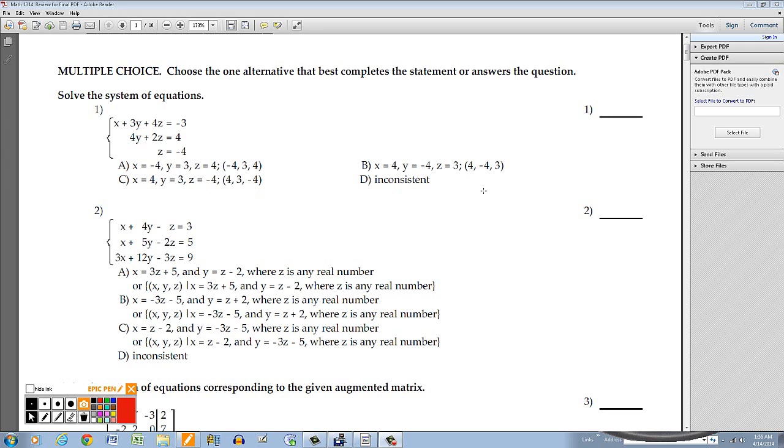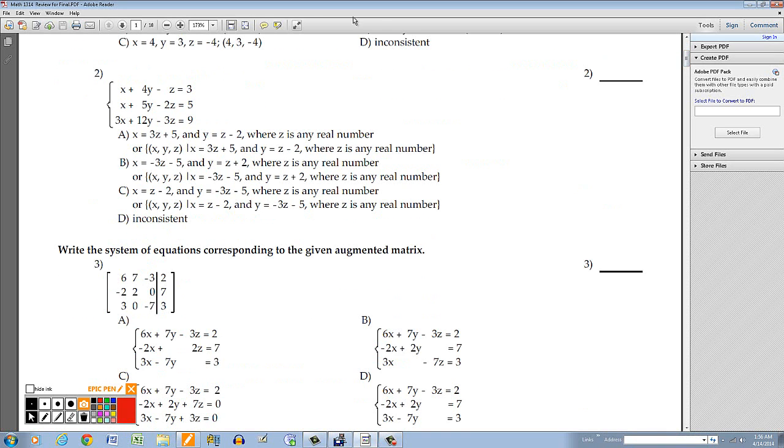Now let's look at the second one. And on this one, it's a system. So if I try to solve this by elimination, notice this equation, right? This one right there and this one right there are multiples of each other.